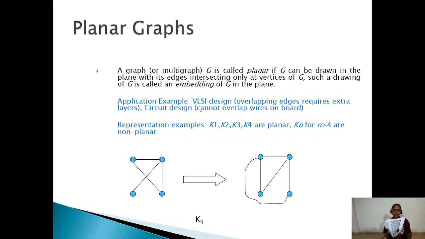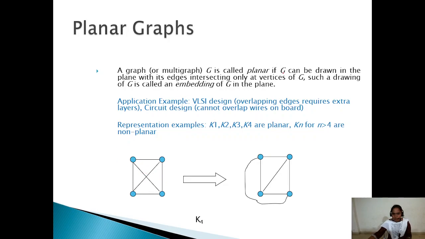Next topic is planar graph. What is a planar graph? Its simple meaning is a graph drawn without crossing any edges. A graph without crossing edges is called a planar graph.